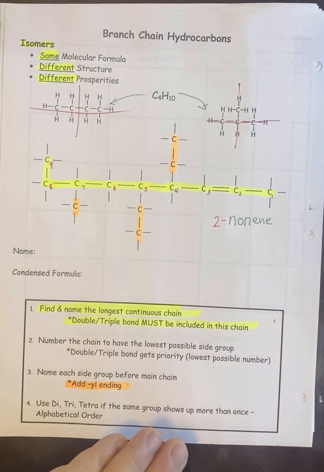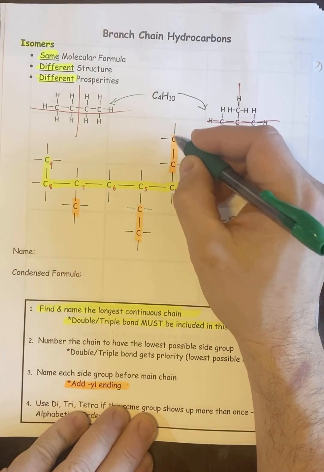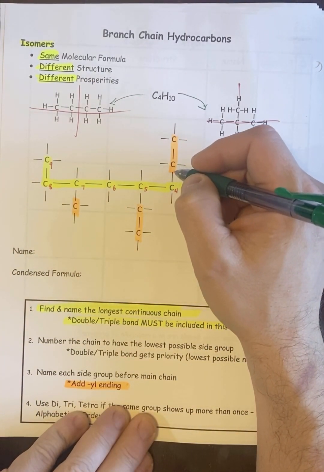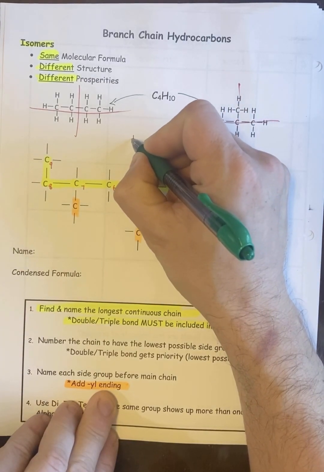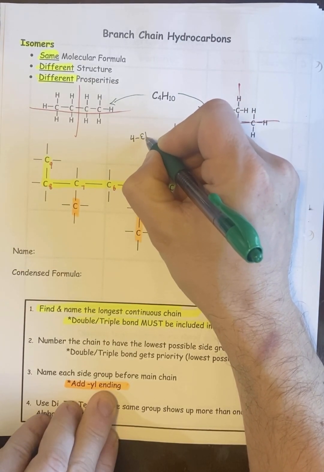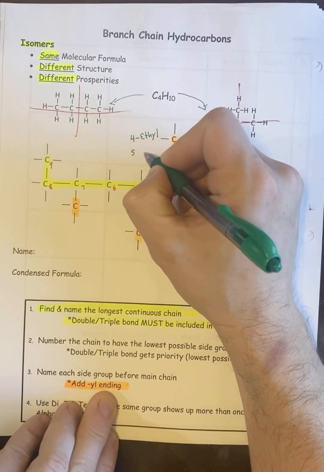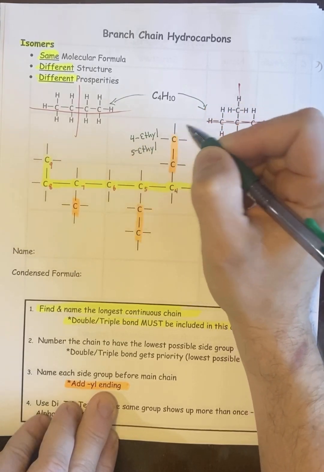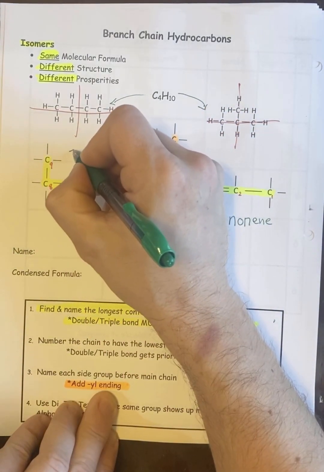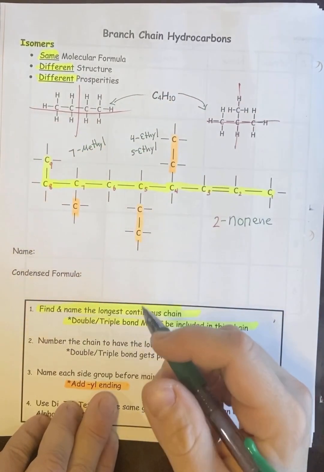So what that means is, normally we would write this out as 2 carbons in a row would be eth. Because it's a branch, it ends in YL. So this would be 4-ethyl. And then this would be 5-ethyl. And then this would be 7-methyl.